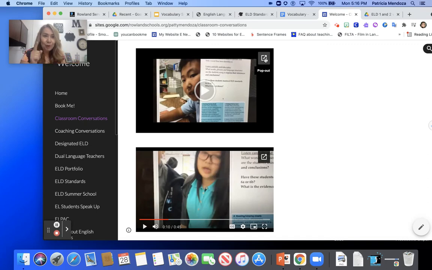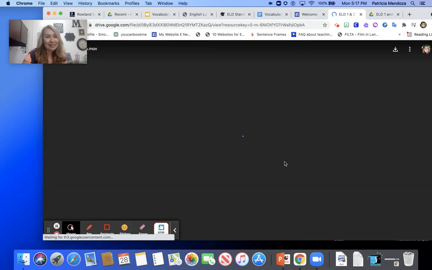But most important, I want them to share in their L1. I may not know the language, but I can see when a student has a picture and a word that obviously is in English, and I can see if they matched up and look at the details of why they think that. So here we go. Let's take a look at the student who is a newcomer.